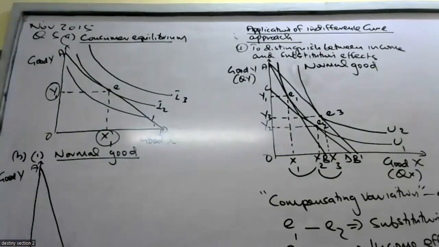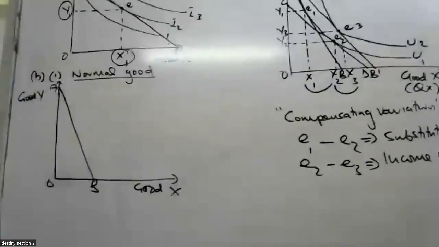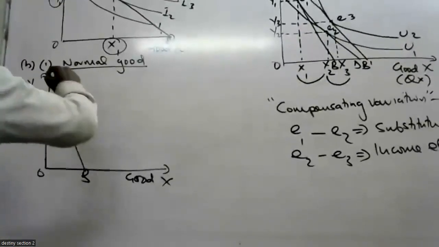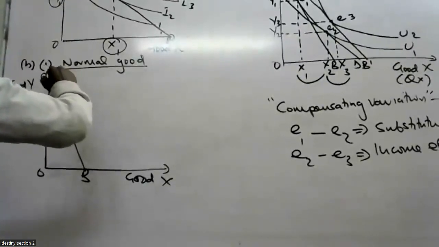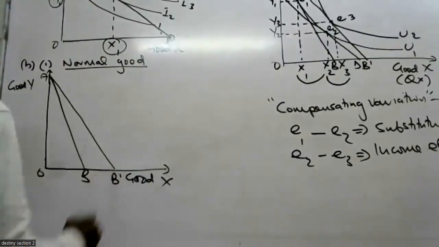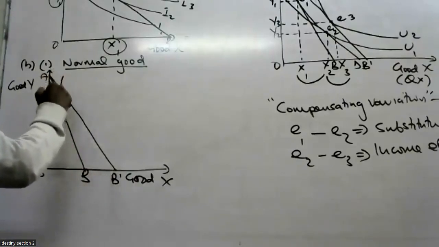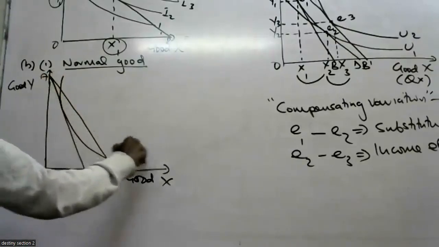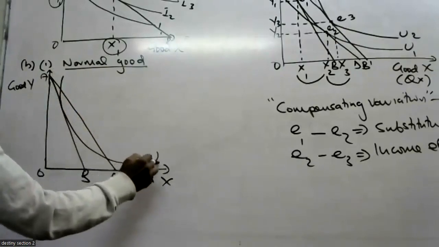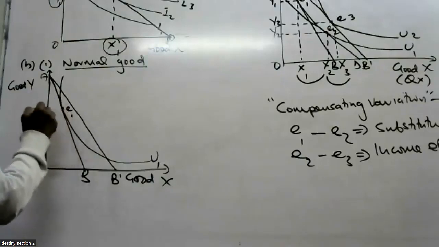Then assume the price of good X is falling. So you buy more of X. The budget line pivots to the right to AB prime. Then you draw your indifference curve like that. It goes down. So this is U1. This is equilibrium point E1.